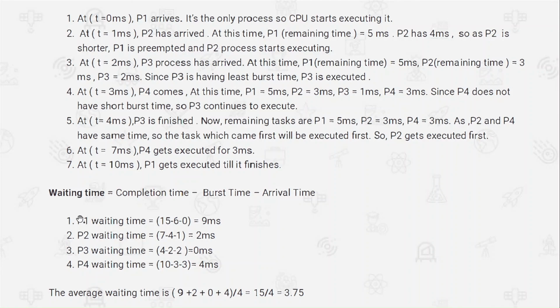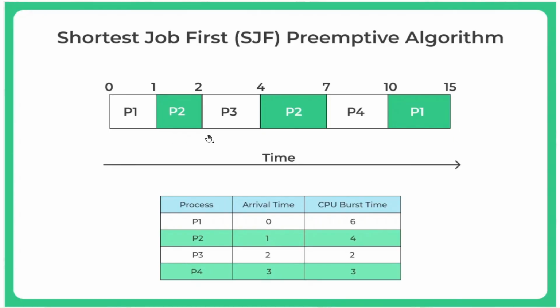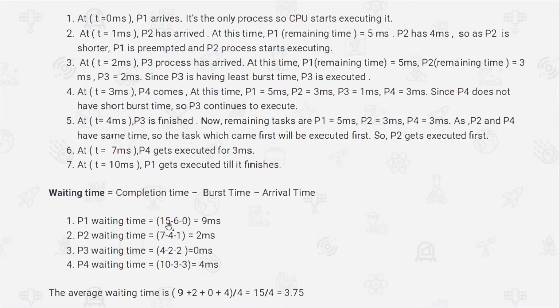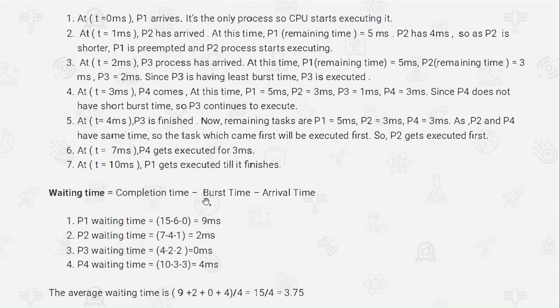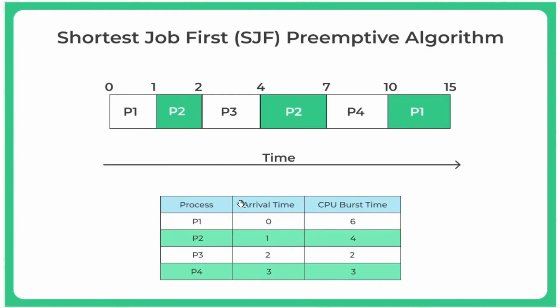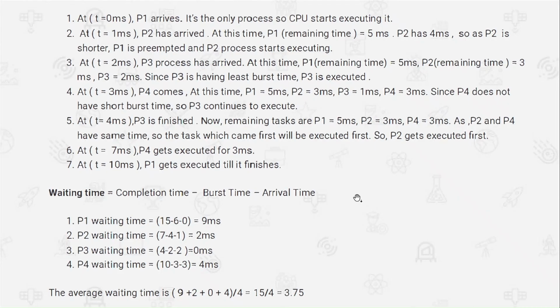So yeah, we look at the waiting time. So for this problem, the waiting time can be calculated by completion time minus burst time minus arrival time. So for the P1 process, the completion time will be 15, and the burst time will be 6.